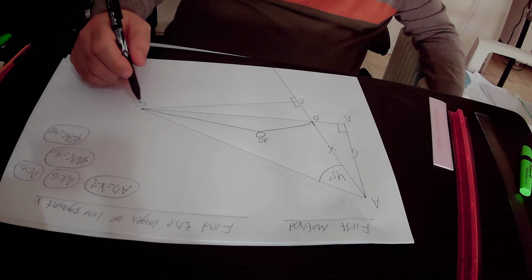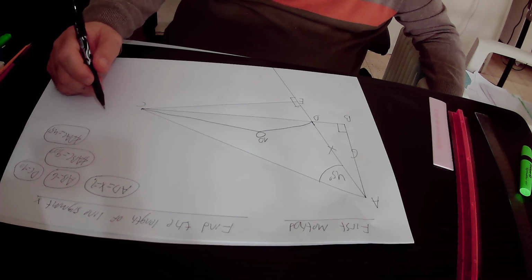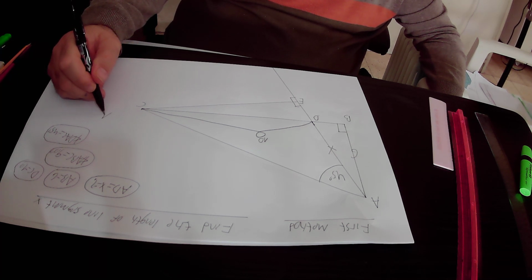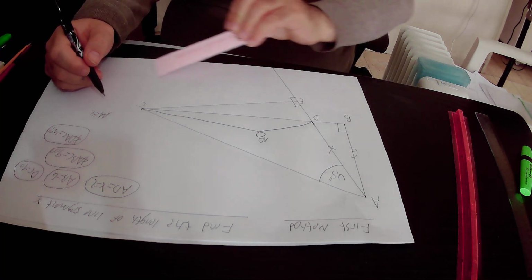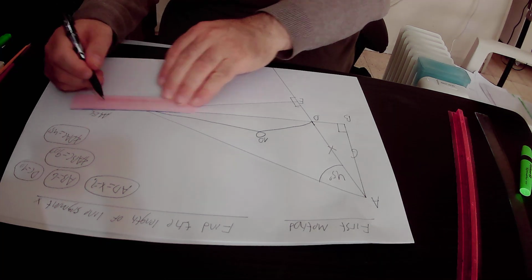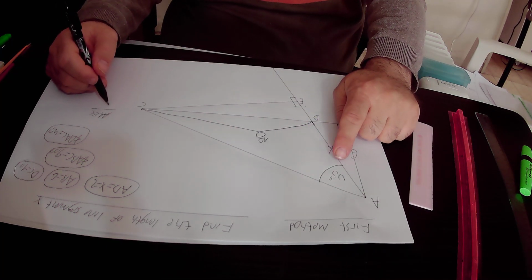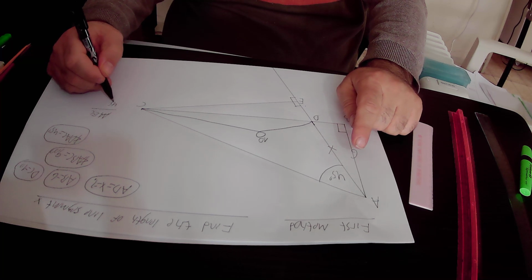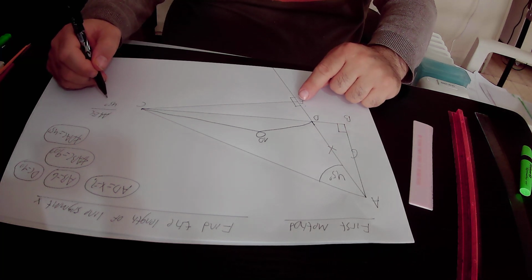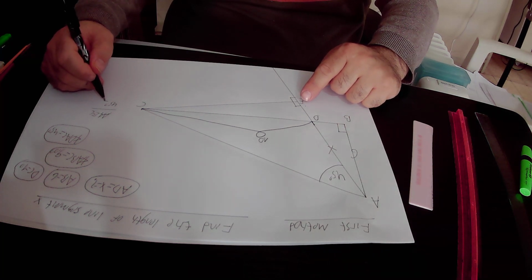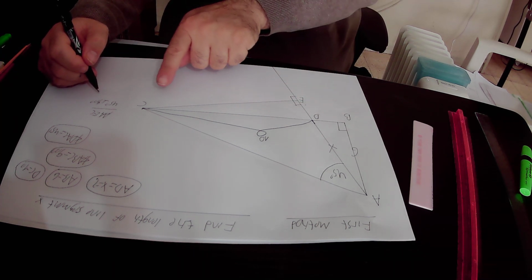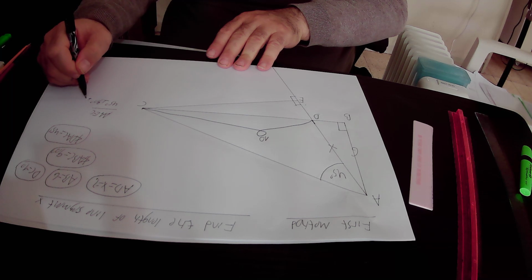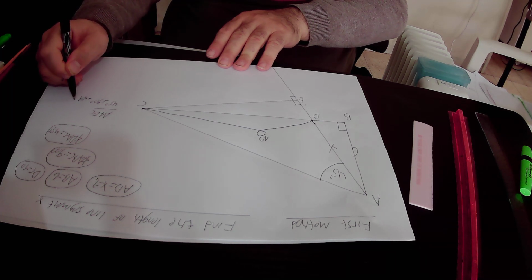On this right triangle AEC, we know that the sum of the angles must be equal to 180 degrees. So which angles do we have in the right triangle AEC? We have one angle that is equal to 45 degrees, and this angle that is equal to 90 degrees according to our construction, and we have the missing angle, which is angle ACE.